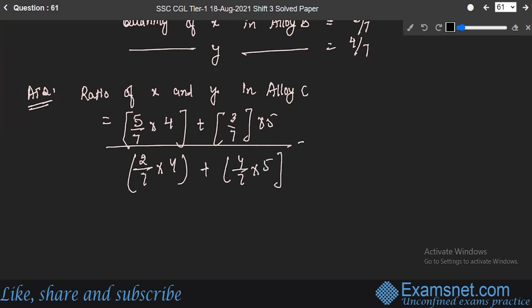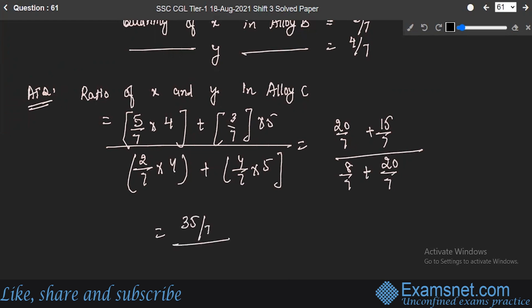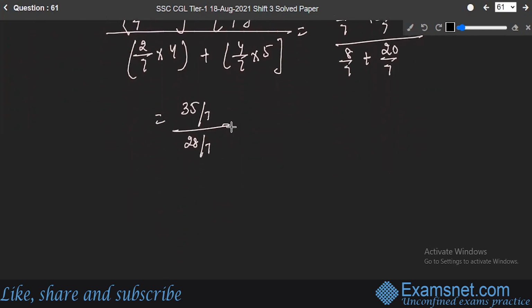On solving, this gives 20 by 7 plus 15 by 7, whole divided by 8 by 7 plus 20 by 7. So this will be 35 by 7 whole divided by 28 by 7, which is equal to 35 by 28.